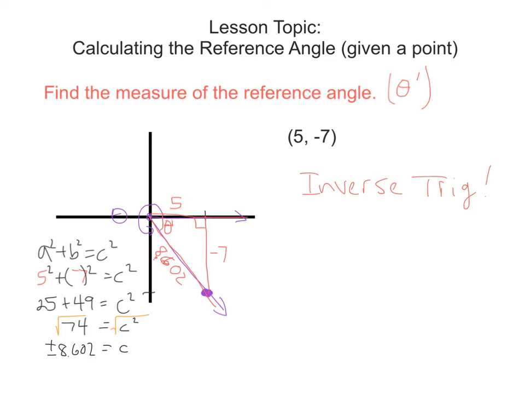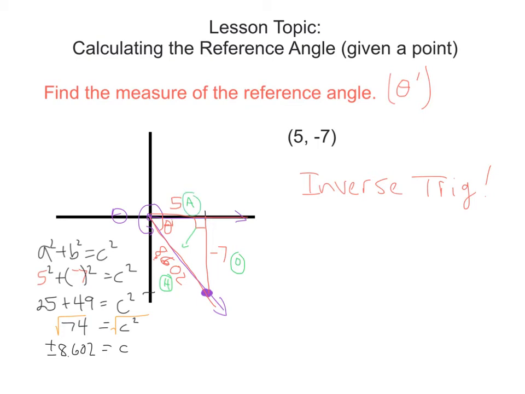We currently know that our hypotenuse is across from the right angle. Across or opposite from theta prime is the opposite side over here, and this is therefore the adjacent side.